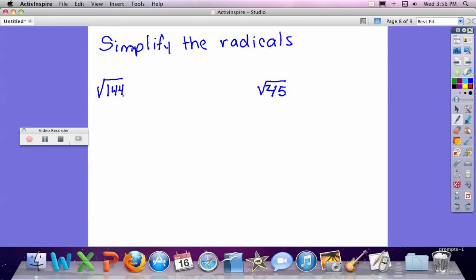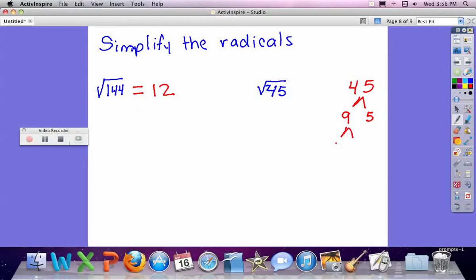45 is not a perfect square though, so I'm going to pull 45 over to the side and make a factor tree. I know 9 times 5 is 45. 5 will not go down any further because it would just be 1 and 5. 9 will go down to 3 and 3. 3 will not go any further, so I look at the end of every branch of my factor tree.